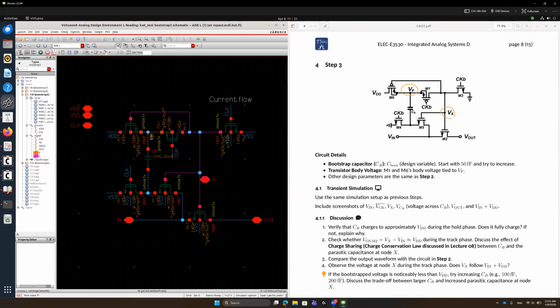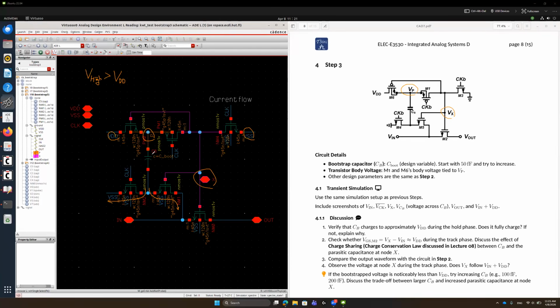So only the VP node and VX node are high voltages, which means they are larger than VDD. Let's say V high. Suppose these nodes are higher than VDD. Other voltages, VSS, VDD, and this node is connected to VSS or Vin, so it doesn't go over VDD.